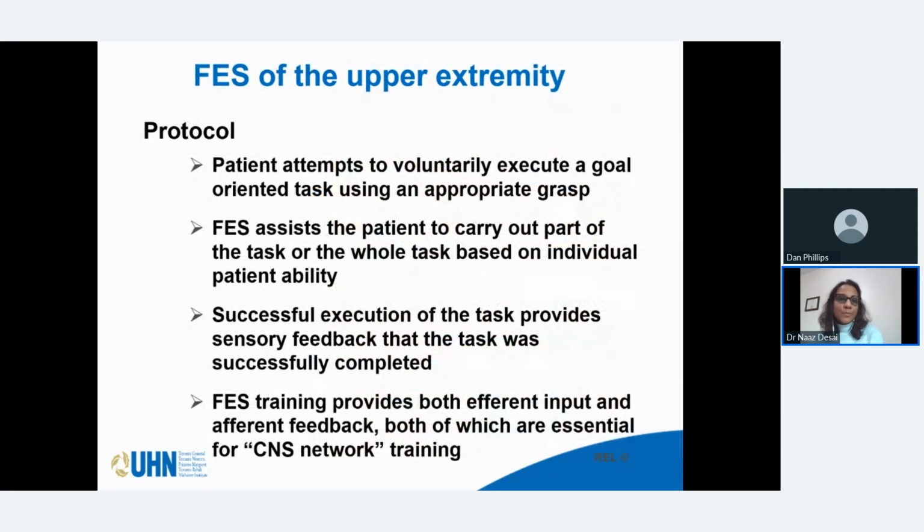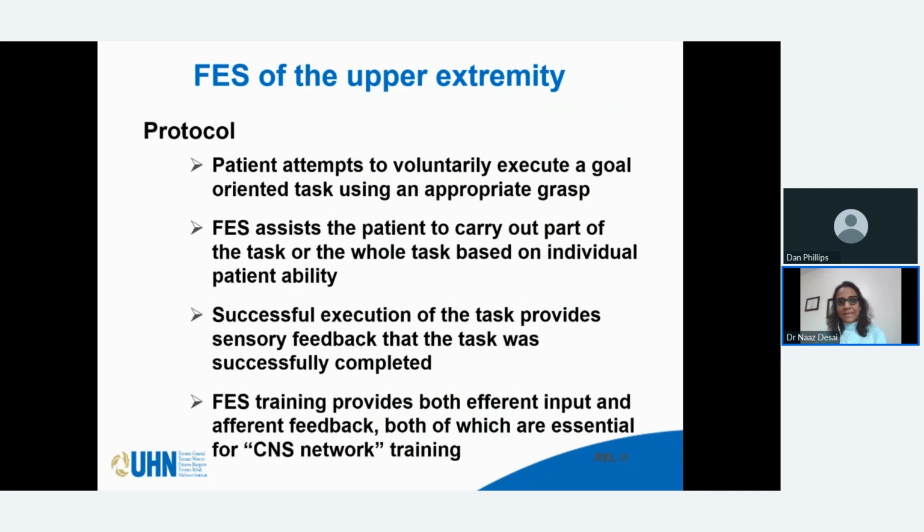So how does this protocol work? Basically, the patient attempts to voluntarily execute a goal-oriented task using an appropriate grasp. And this is very important because this is one of the differentiating points of FES from NMES. Here, we ask the patient to voluntarily attempt to execute the movement irrespective of the level of function available.